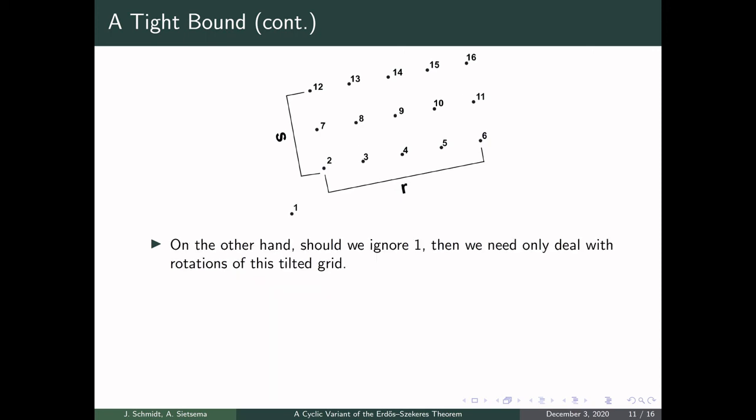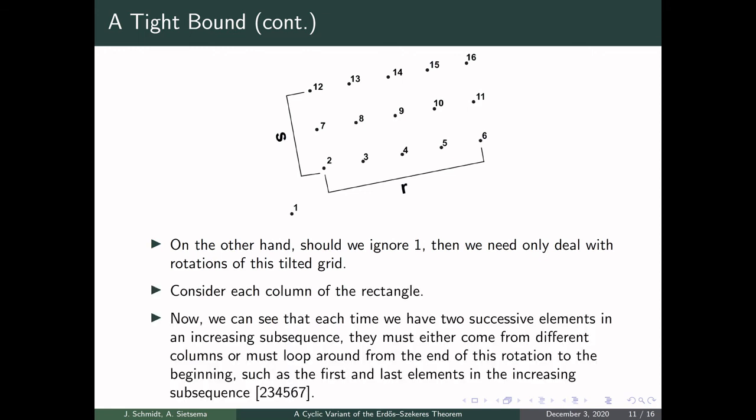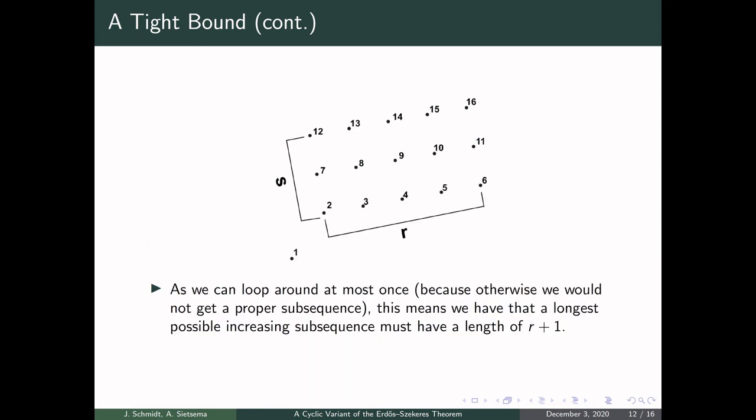But if we ignore 1, then we only have to deal with rotations of that tilted grid. And once again, considering the columns, we can see that every time we have 2 successive elements in an increasing subsequence, they, as before, must either come from different columns or must loop around from the end of the rotation to the beginning, such as the first and last element in the increasing subsequence 2, 3, 4, 5, 6, 7.